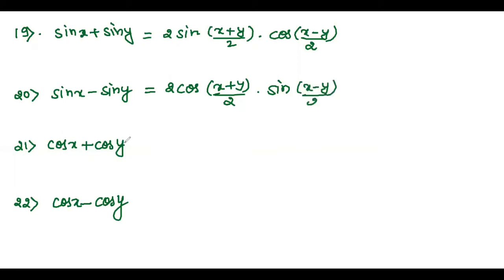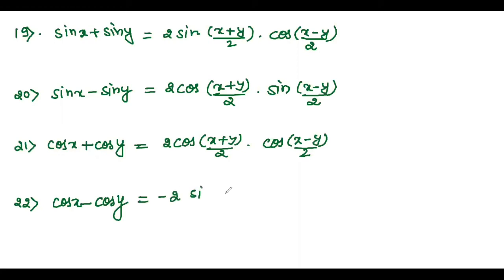The next one, cos x plus cos y, we can write as 2 cos of x plus y by 2 into cos of x minus y by 2. And then cos x minus cos y, we can write as minus 2 sine of x plus y by 2 into sine of x minus y by 2. So these are the four formulas. You have to remember them.